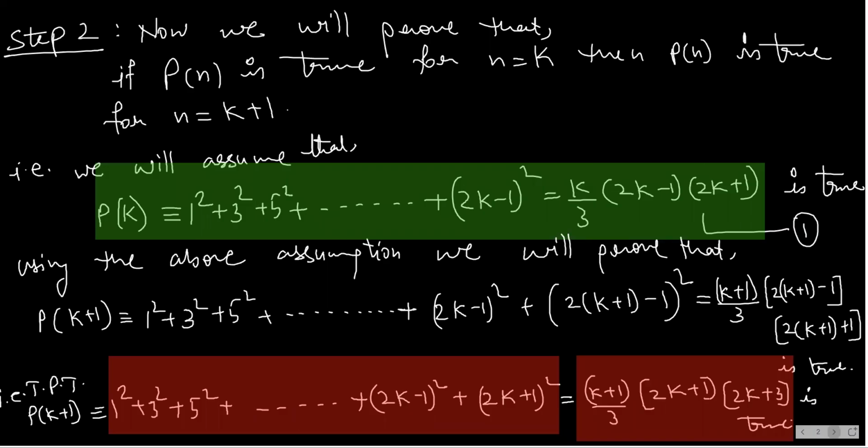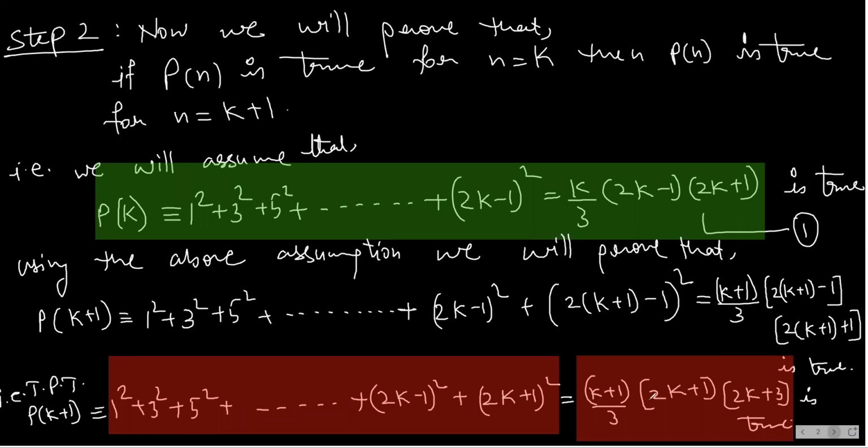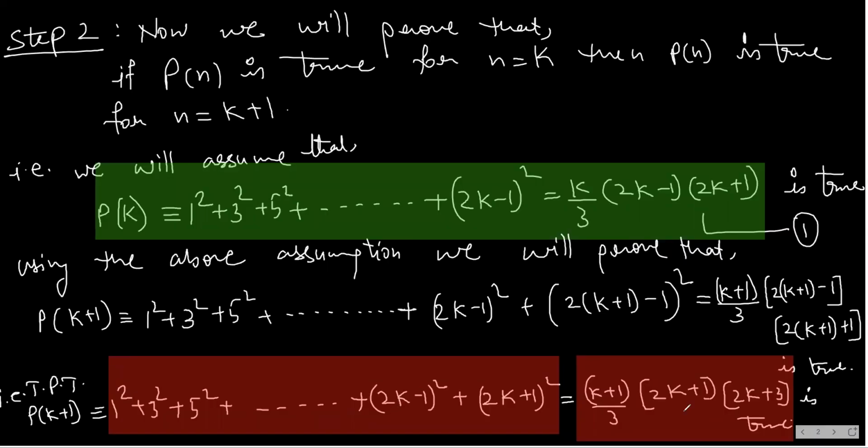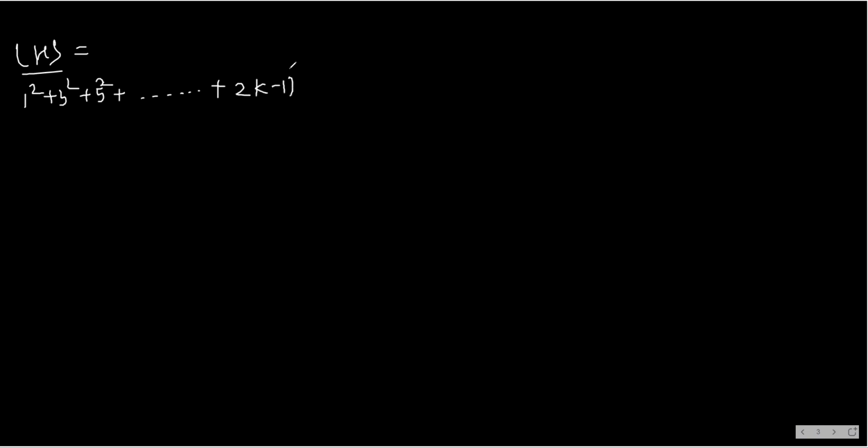Now we will start with, see, we will take the left hand side. So what do I have in the left hand side? The left hand side I have is 1 square plus 3 square plus 5 square plus dot dot dot plus 2k minus 1 square plus 2k plus 1 square.